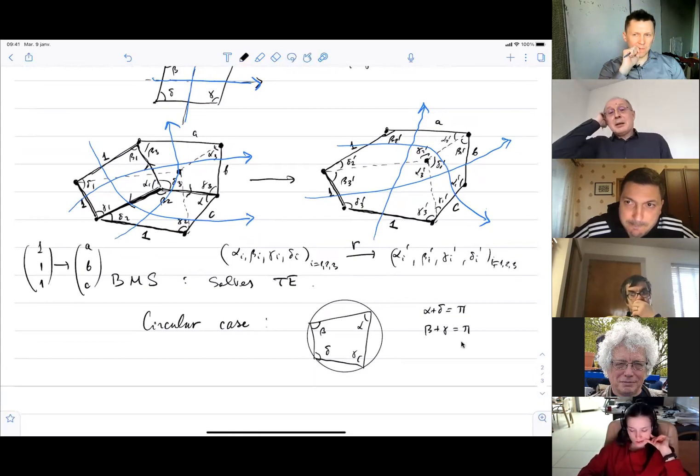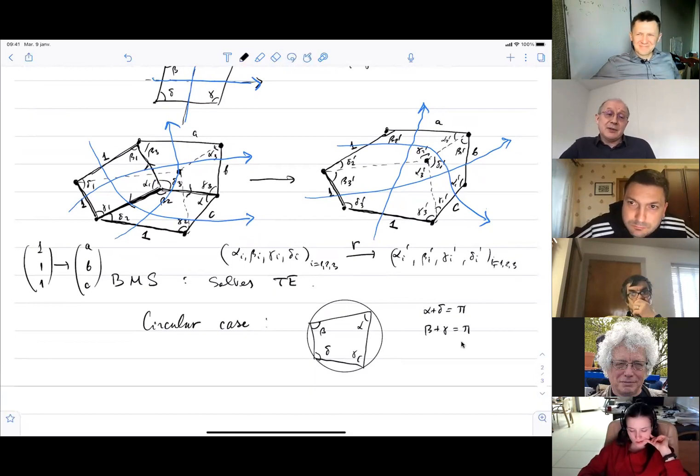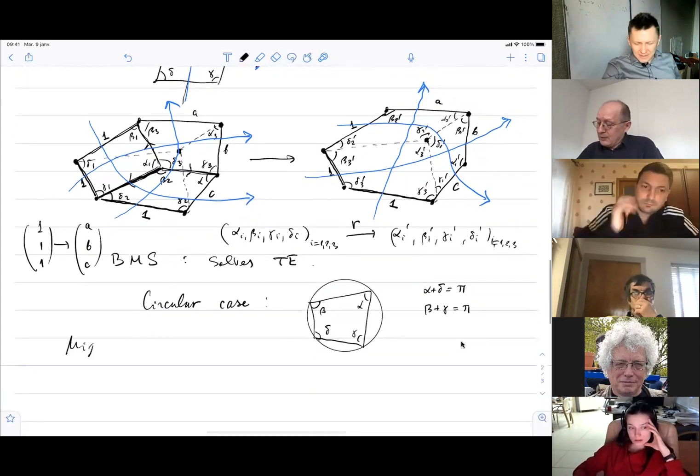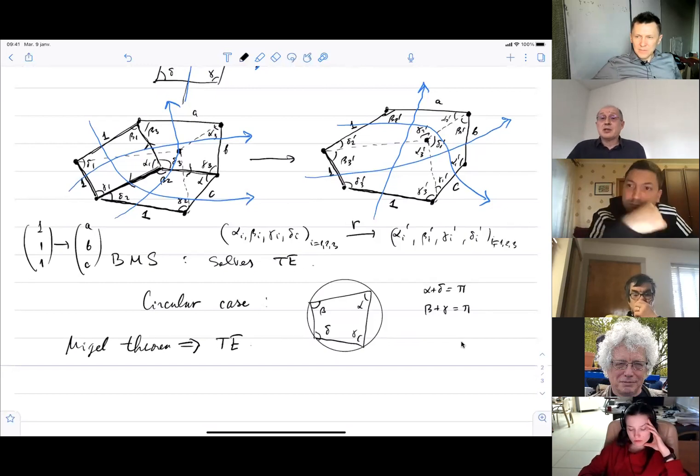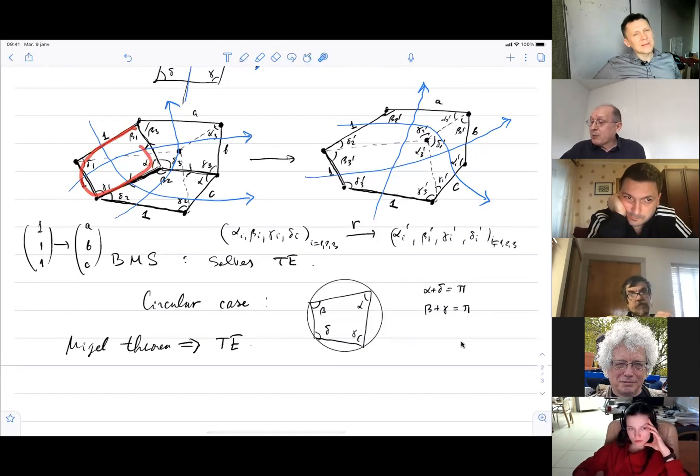But why does the solution survive? Due to another beautiful geometrical theorem, I think it is called Miquel's theorem. Miquel's theorem implies the tetrahedron equation, which means that if you start from circular quadrilaterals, then the newly created quadrilateral still will be circular, because this configuration will be inscribable into a sphere.